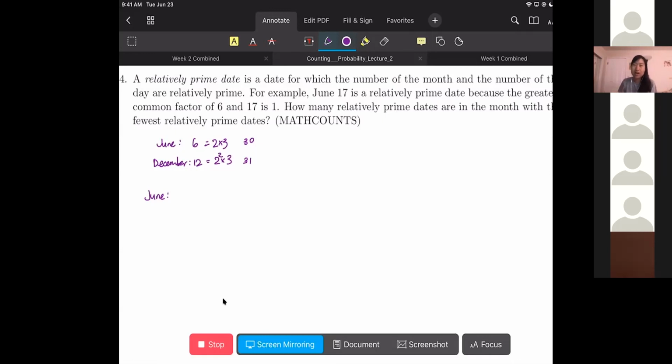Here, let's use complementary counting for this. We take the total number of dates, which is 30 in June, and subtract out the number of dates that are not relatively prime to get the total number of relatively prime dates.